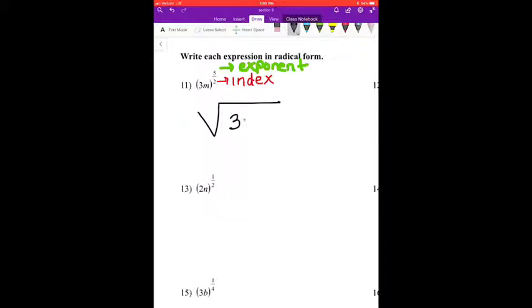So 3m is all being raised to the 5th power. Or you could write the radical and put the parentheses on the outside. I believe the software that I use to write your test does it with everything inside the parentheses, like the second part, like this one. That's all you're doing, just rewriting it as a radical.